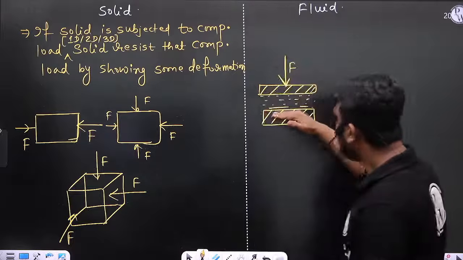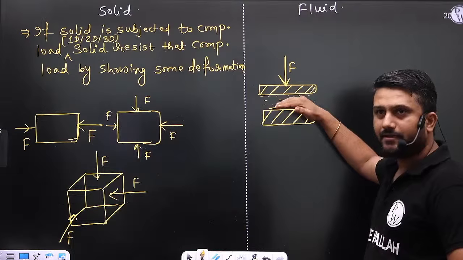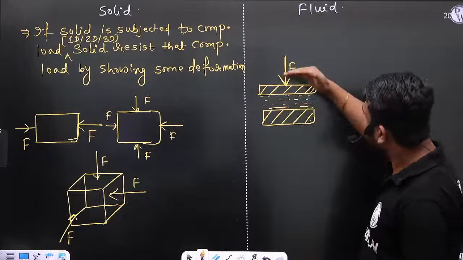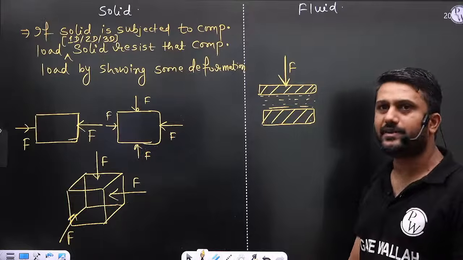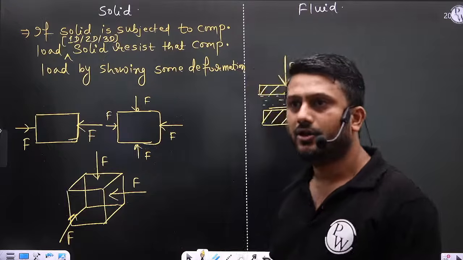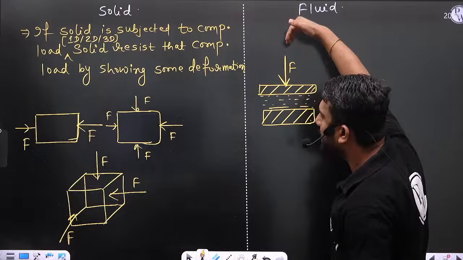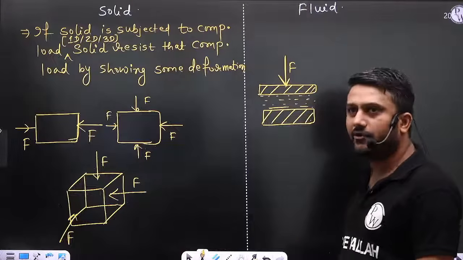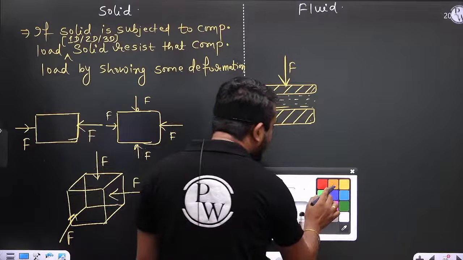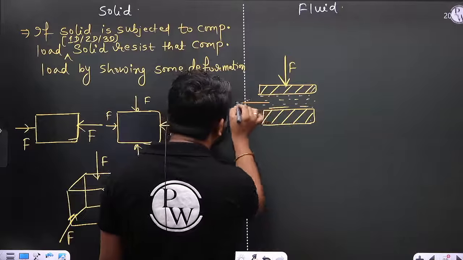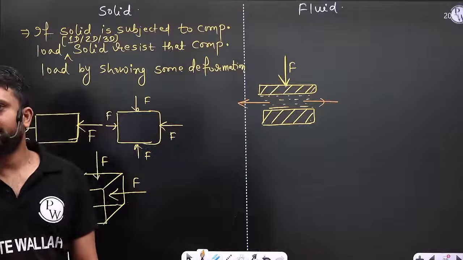Right, this is the one plate. Above the one plate there is some fluid, and again there is some plate. Now I am applying the one-dimensional compressive force. When we apply it, does the fluid resist? No, fluid cannot resist.